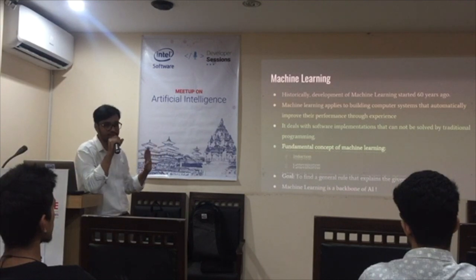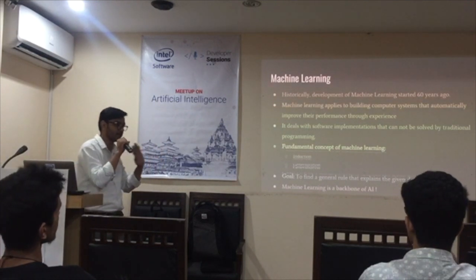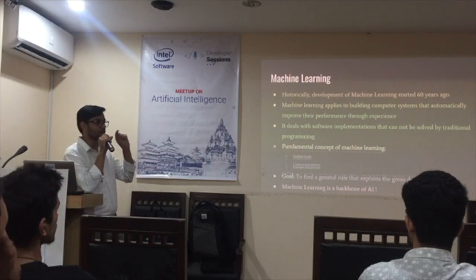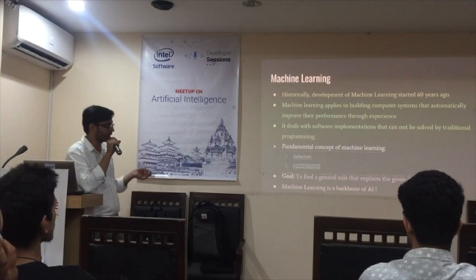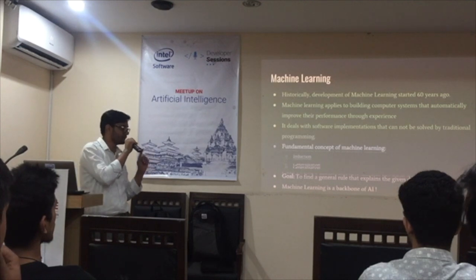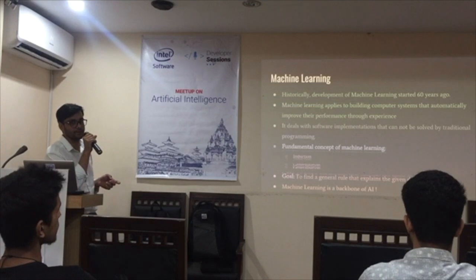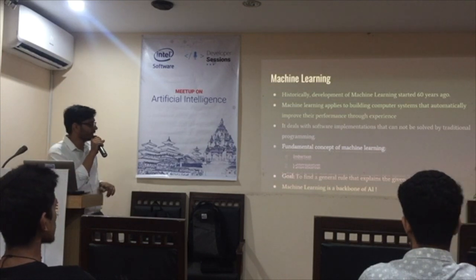There is no hard-coded design and no hard-coded rules for any solution of any task. The algorithm learns from examples. So we need induction and generalization. The goal of machine learning is to generalize, to find a general rule that explains your data, so we can apply that rule to new data.